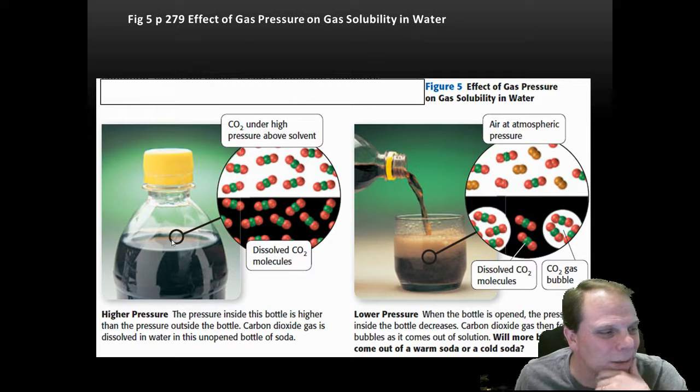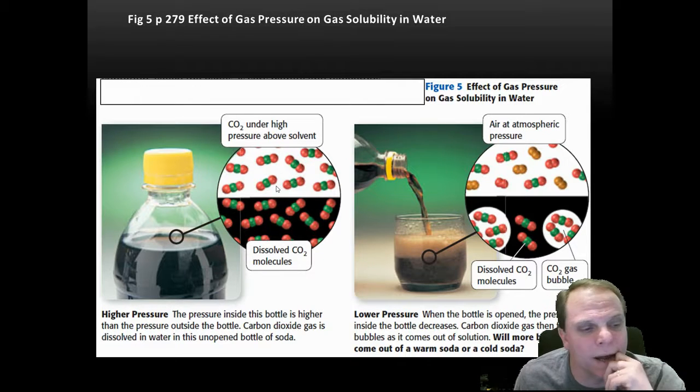All right, so that's what we're talking about here in this picture. Again, if you have a picture in your mind of what this gas would look like right at the surface between the liquid and the air, you've got all these carbon dioxide molecules inside the liquid and outside, and there's an equilibrium where they have an equal amount going in and out, right?